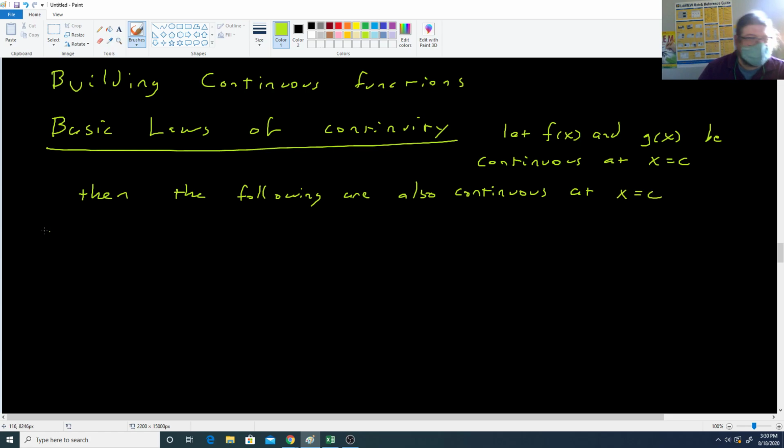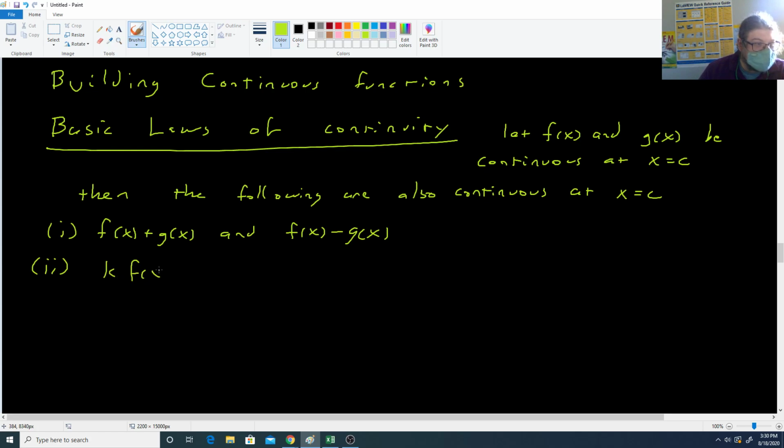So we have, if you have the addition of two continuous functions and the two base functions are continuous, then if you add them together, that's continuous. And if you subtract them, that is also continuous. Second thing, if we multiply by a constant, k times f of x, that will be a continuous function.